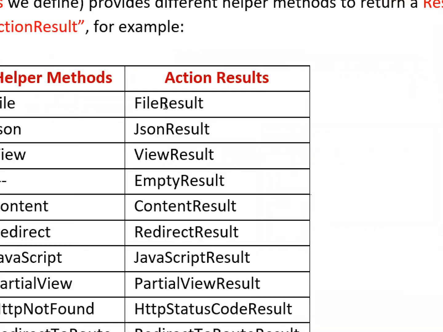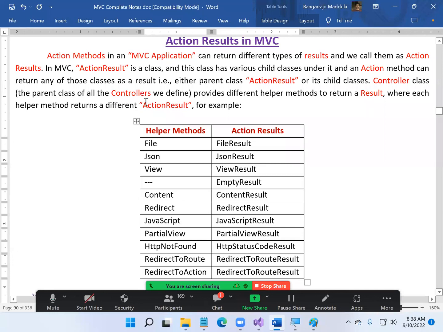See, action methods in an MVC application can return different types of results, and we call them action results. In MVC, action result is a class, and this class has various child classes under it, and an action method can return any of these classes as a result.